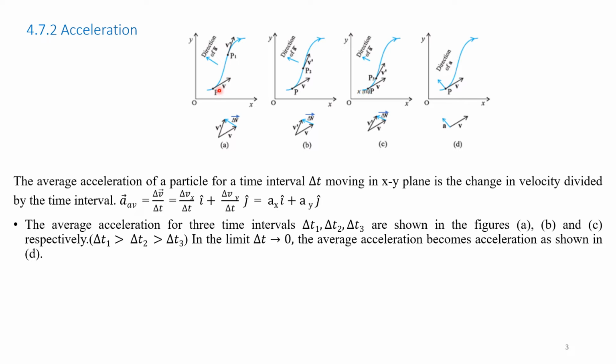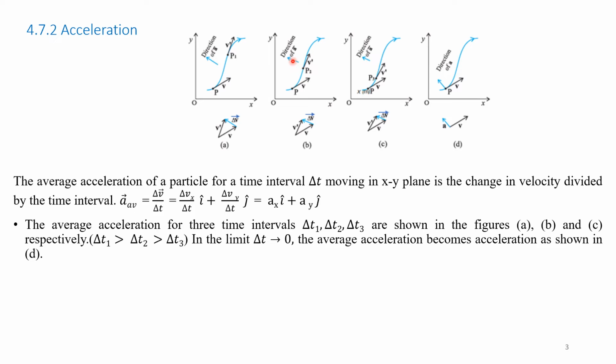Here the particle has moved from P to P1 in figure A, and the velocity has changed from V to V dash, and the direction of the acceleration has also changed. In figure B the position is at point P2, the velocity is V dash, and the direction of acceleration is perpendicular to the velocity.